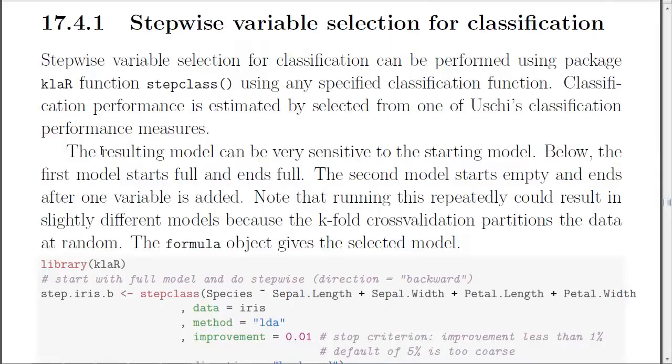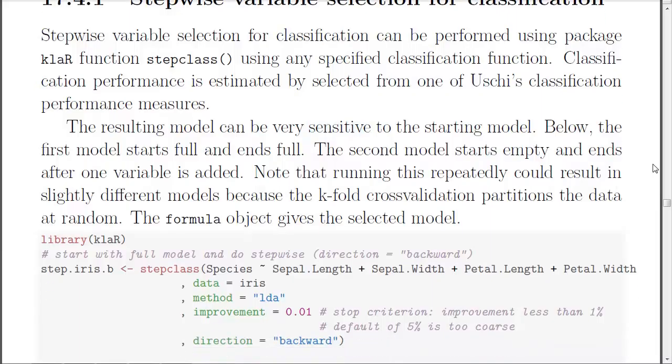So as in multiple regression, we're going to have some starting model, and then we'll have some rules that are defined in the stepclass function for including or removing variables, and then it will stop when it can't find additional improvement by either excluding or including variables. And of course this can be very sensitive to the starting model, so where you start can affect where you end up, and we'll see that immediately with the iris dataset.